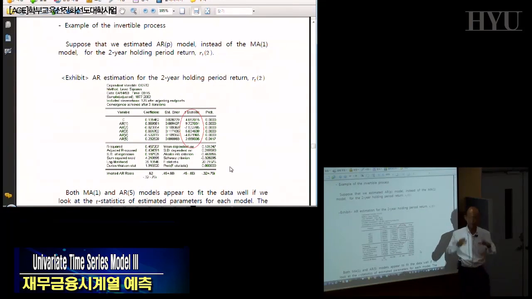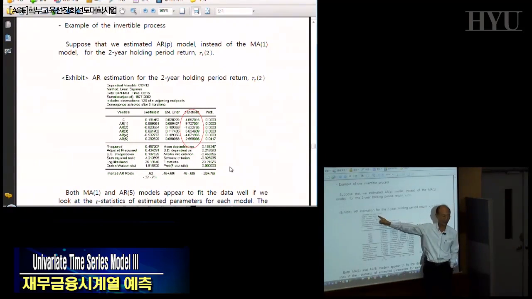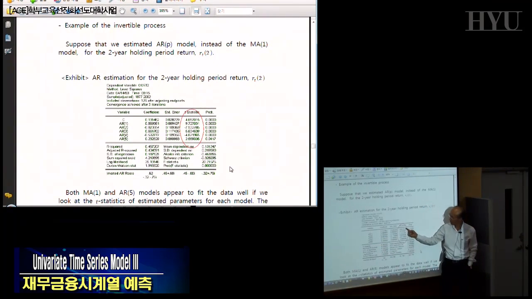So still, the absolute value is less than 1, so it's invertible, right? So this is an MA1 process, having root very close to 1. So using the same data, suppose you estimated AR process, AR1 all the way to AR5. We have those significant coefficients. Because this is the invertible process.